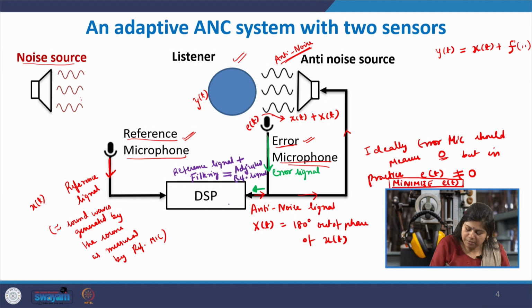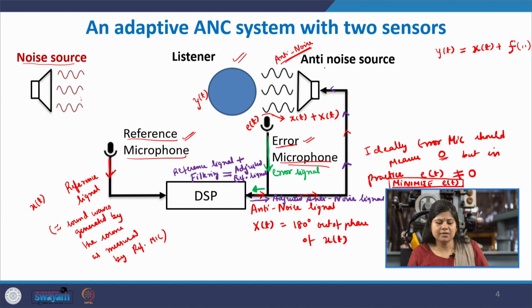From the second time onwards, a new adjusted anti-noise signal is sent to the speaker, and after adjusting the reference signal, the speaker creates a new adjusted signal, which is then emitted near the listener's ear.